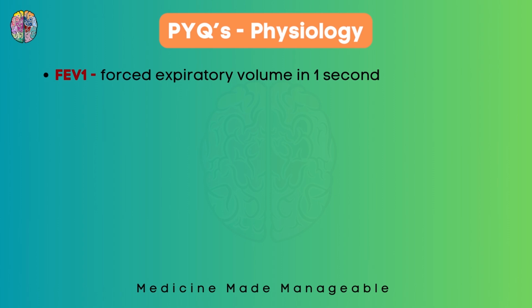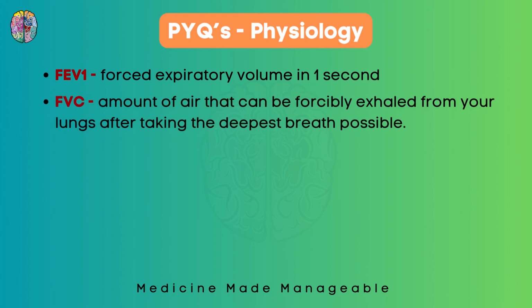So you will ask the patient to breathe in and then forcefully exhale. The amount of air that he can exhale in the first second is the FEV1. What is FVC? It is the amount of air that can be forcefully exhaled from your lungs after taking the deepest possible breath.